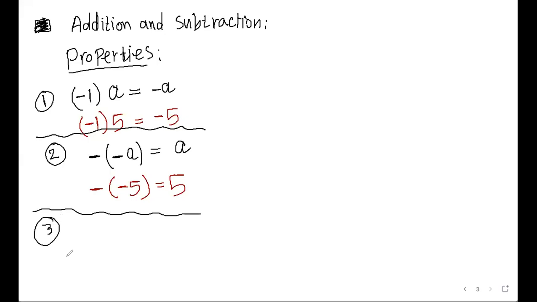The next property: if I have a minus number in the real numbers times any positive number, call it B, this is the same as A times minus B. And this is exactly the same as minus AB. I mean, the minus can go to the second term, or I can let the minus go out and multiply both numbers.